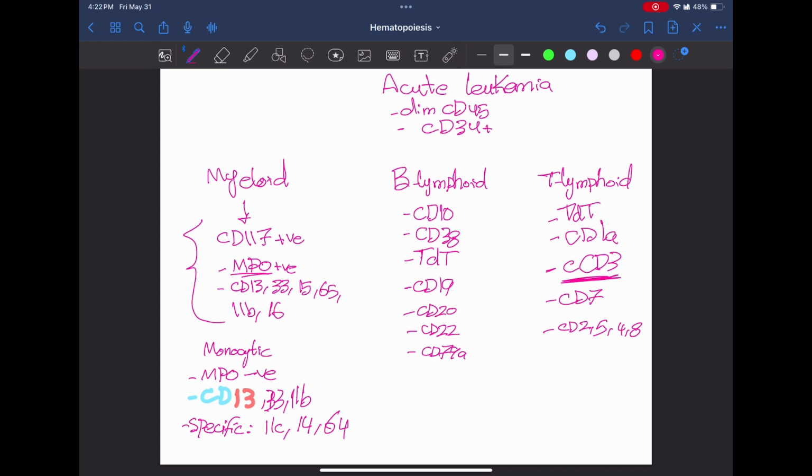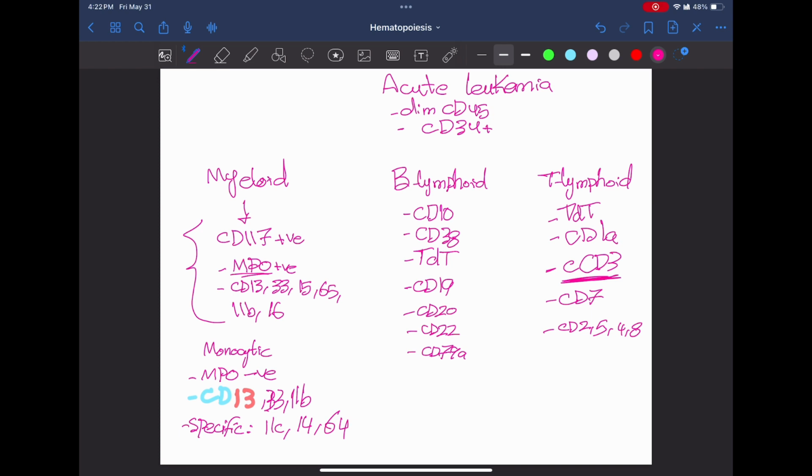So it's not about finding a specific marker, it's more about the big picture. If you see a couple markers of myeloid differentiation, even if MPO is dim, you can go ahead and call it an acute myeloid leukemia, if it doesn't satisfy criteria for another leukemia, like a mixed phenotype acute leukemia, for example.